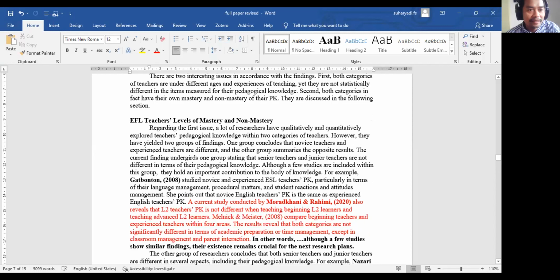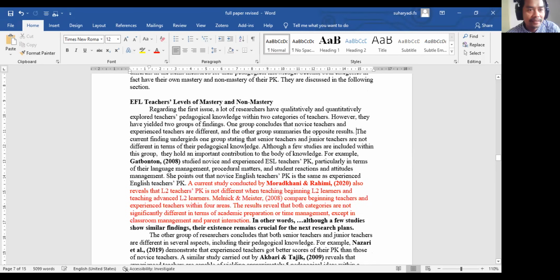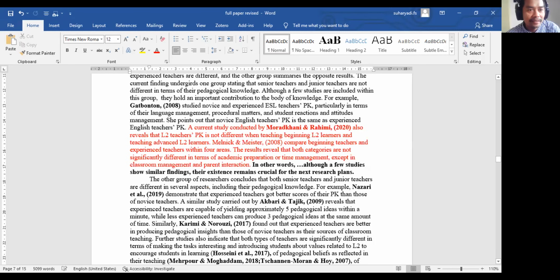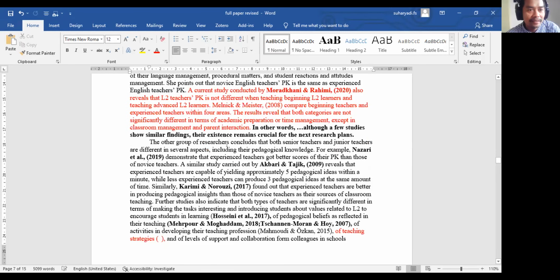When I see what happens in the literature about the level of mastery and non-mastery, a lot of articles find findings related to the second group. I just put this as the second group: senior teachers and junior teachers are different in several aspects, including their pedagogical knowledge.